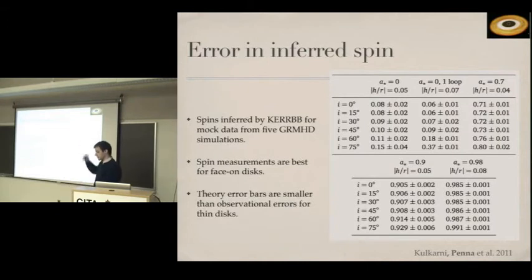There's an opposite limit where you start out with as much magnetic flux and field as possible, and you get these highly magnetized flows, and those behave very differently. So we can have a discussion about which is more appropriate to these systems.